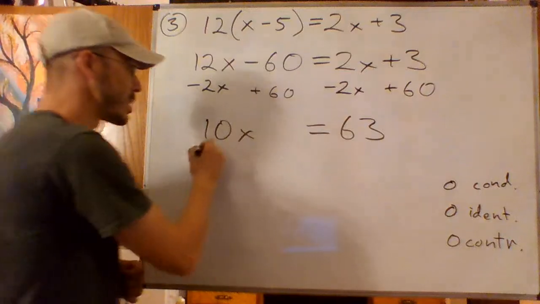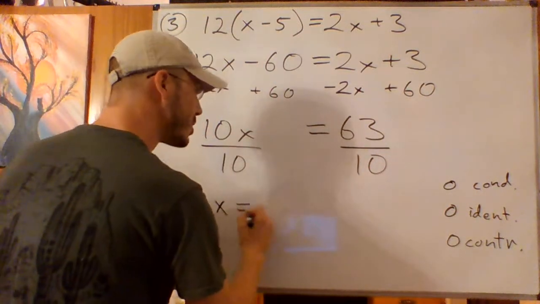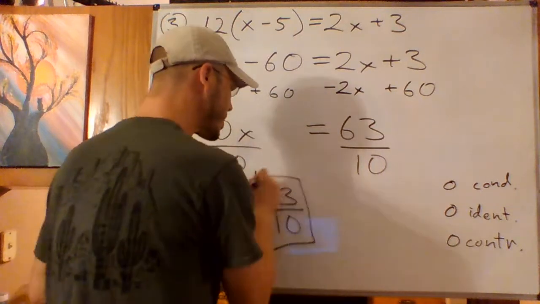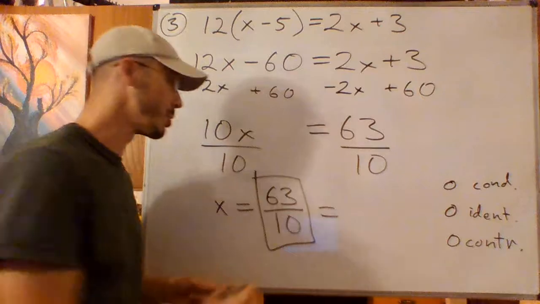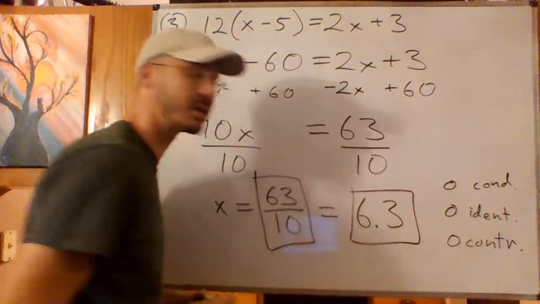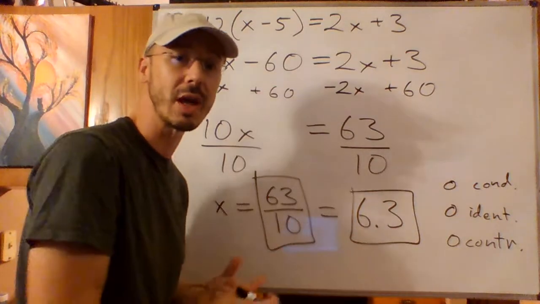And now there's just one more step, divide by 10 on both sides. X equals 63 tenths. And that might be something that you can put in to Hawks, but it's even quicker to write it and type it as 6.3, which it's equal to. But I think either one of these is going to be okay.